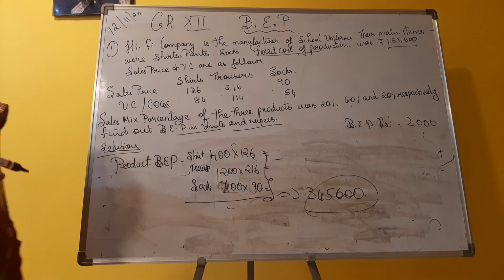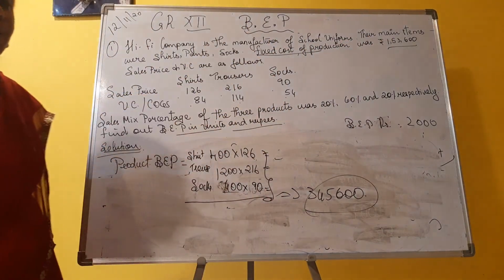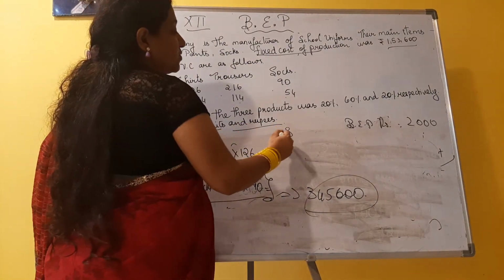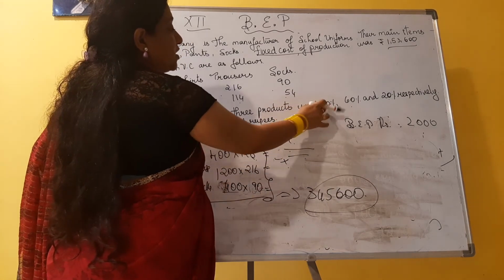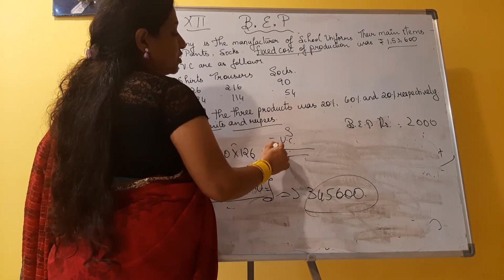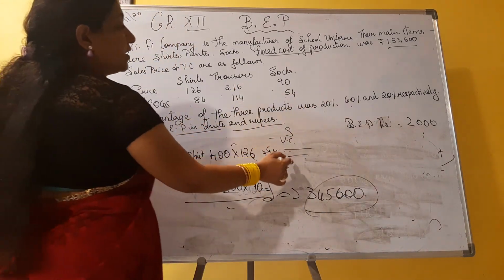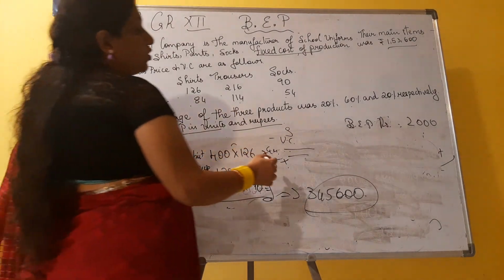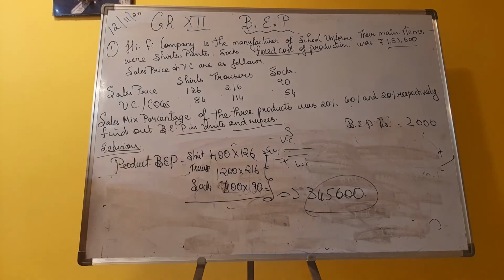So we calculate the weighted average, since the fixed cost is given for all three put together. Step 1, sales minus variable cost. You arrive at an answer, which is called gross margin or contribution margin. Then you multiply that answer with the sales mix percentage. When you add those multiplied figures, you arrive at the weighted average contribution.